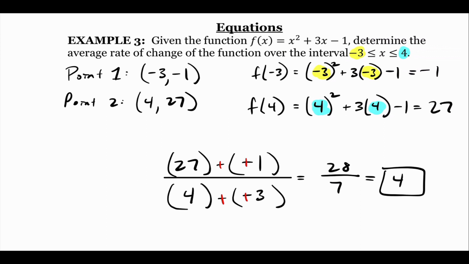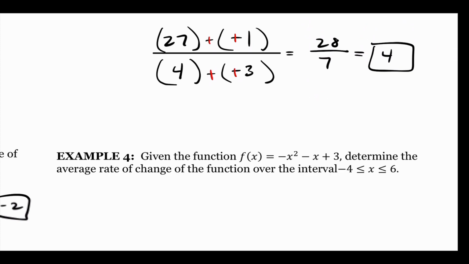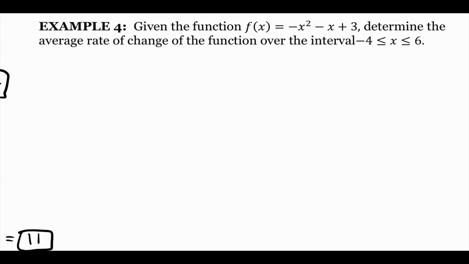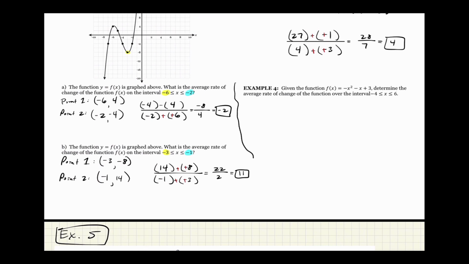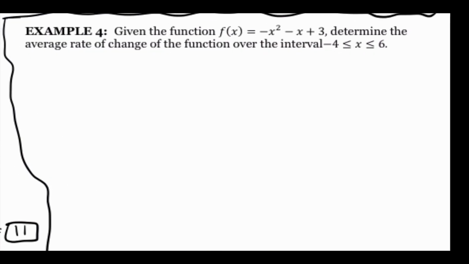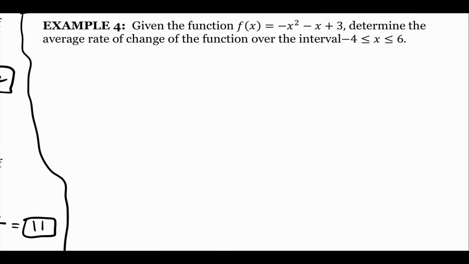Okay, so I got one more, and then I'm going to give you one more to do on your own, and then we'll be done. Okay, so example number 4. So I need 2 points.